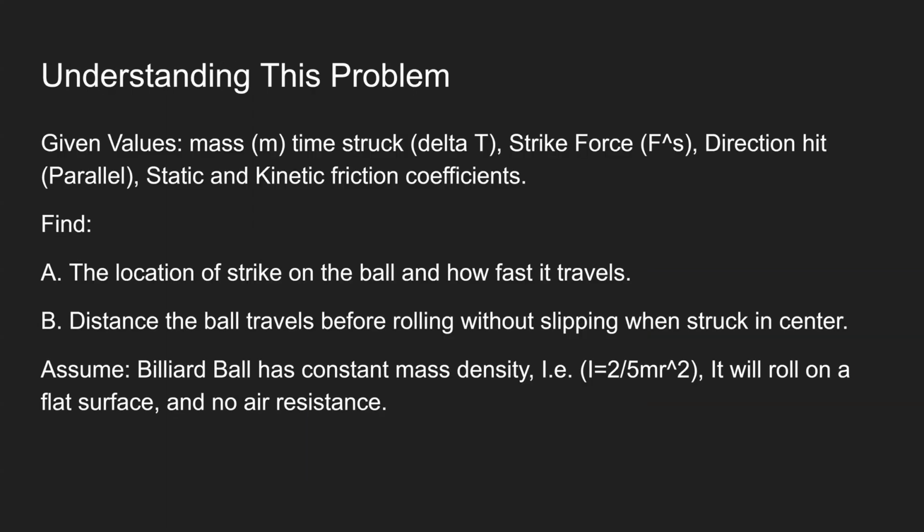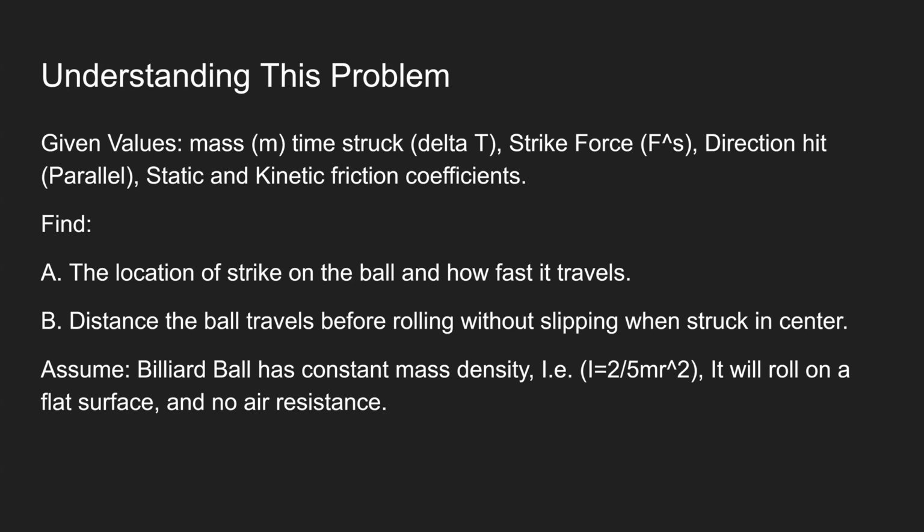Now, for understanding the problem, we have some given values and we have our general questions and assumptions. Starting with the given values, we have mass, which is known as M, time struck, which is delta T, strike force, which is Fs, direction hit, which is parallel, and we have static and kinetic friction coefficients.